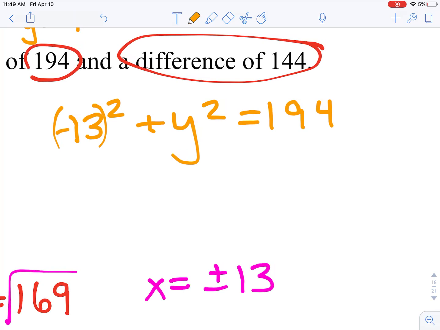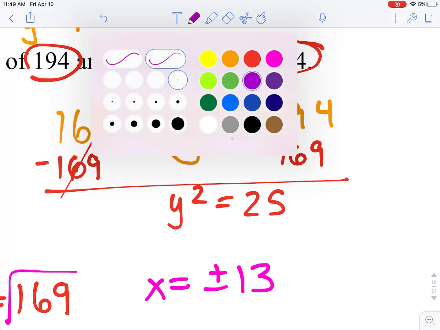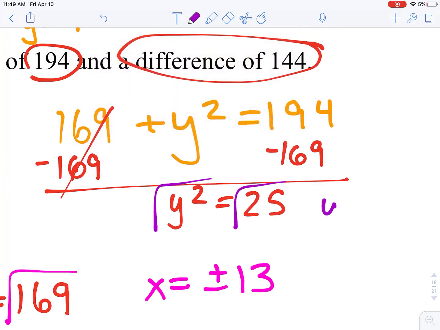And you can think of it as 13 squared or even the negative 13 squared. When you square it, we're back to our 169. To solve for our y, if we subtract 169, our y squared equals 25. And square rooting, we will have plus or minus 5.